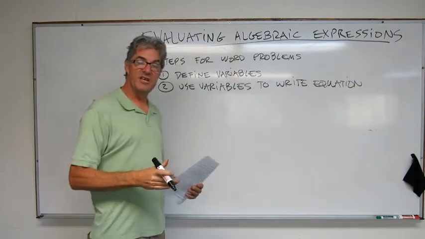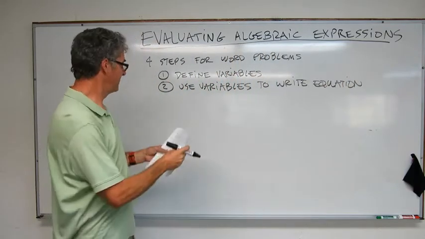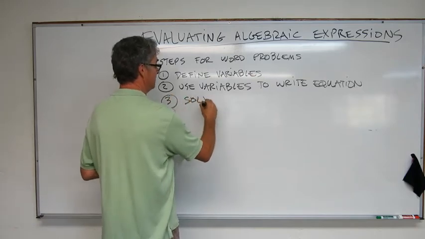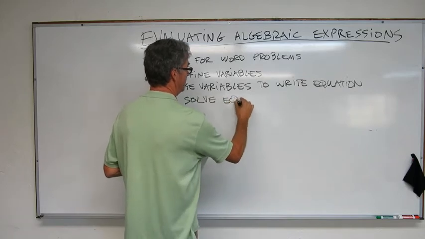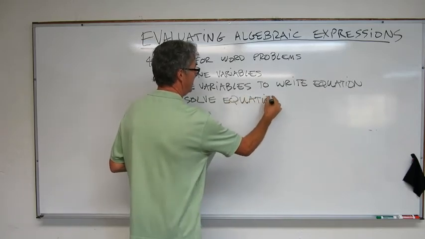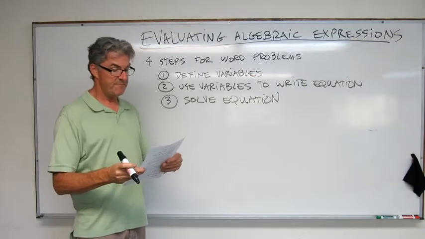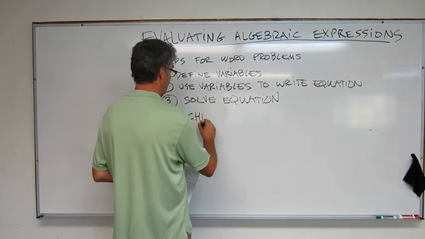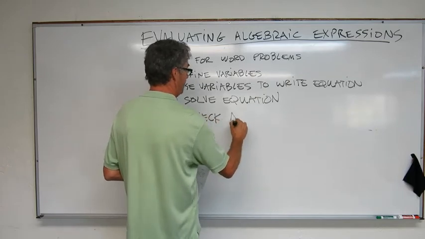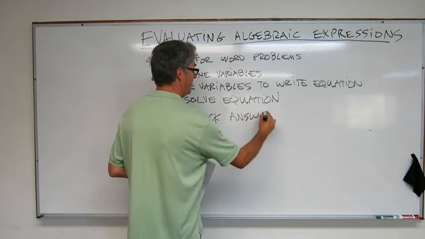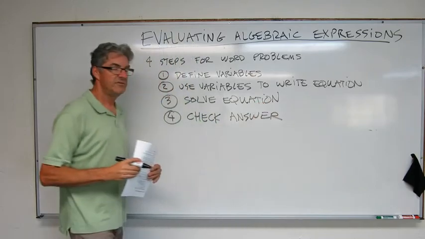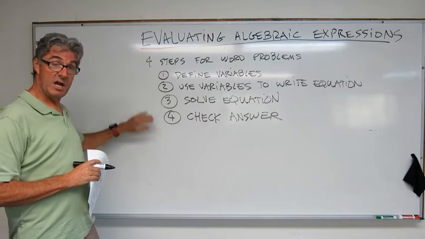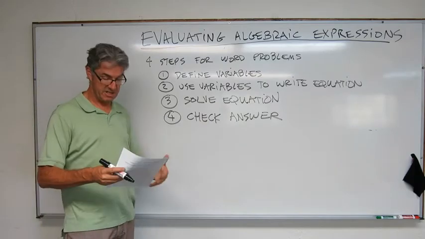So use those variables that you defined and write an equation. Step 3, solve that equation. And then step 4 is check your answer. Okay? So for a cheat sheet for a test, you can have this on there and that will be a guide for doing any word problems that you see on a test.